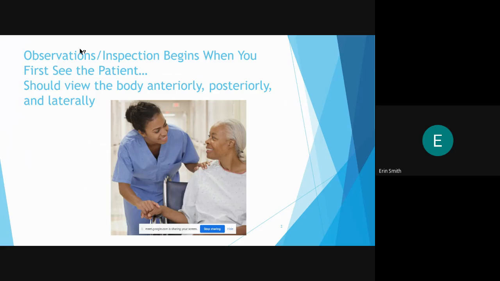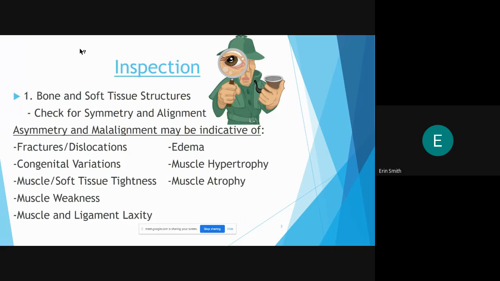So going along with that, for example, if we get to inspection again, one of the first things that we can notice about our patients, again, inspection means looking at them, is we can check for symmetry and alignment. And so we're looking for any asymmetry or any malalignments that we may see. Any asymmetries could be indicative of a fracture potentially, or dislocation.